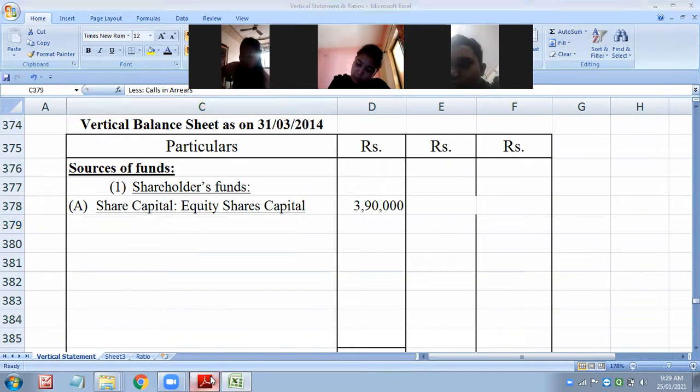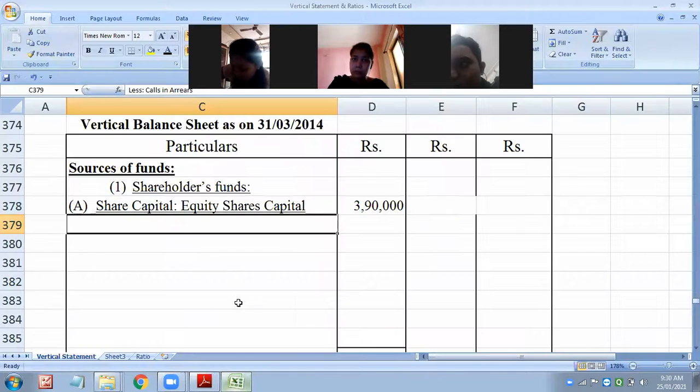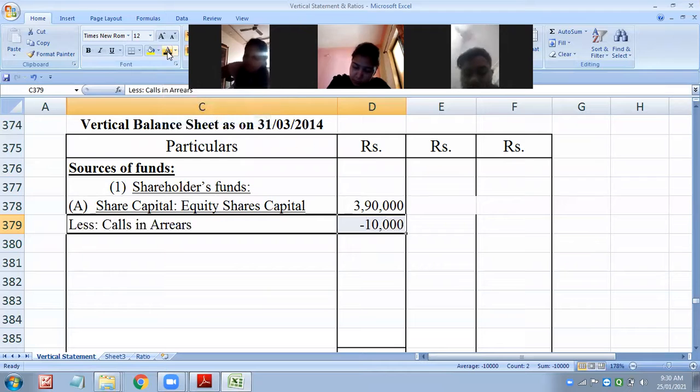Equity share capital is nothing but 3,90,000. Then we will go for the next. We have to deduct calls in arrear.